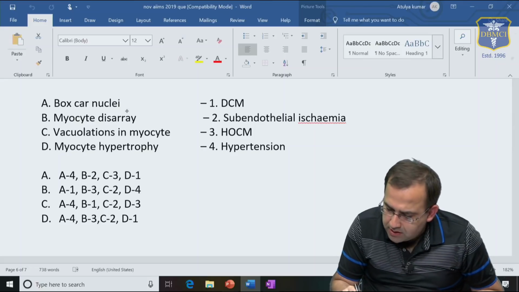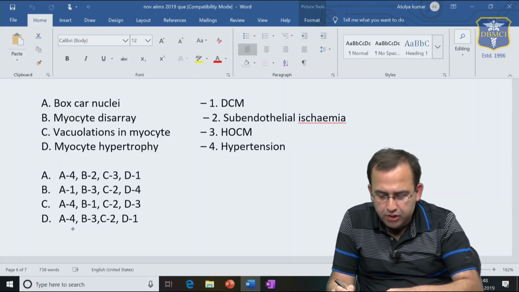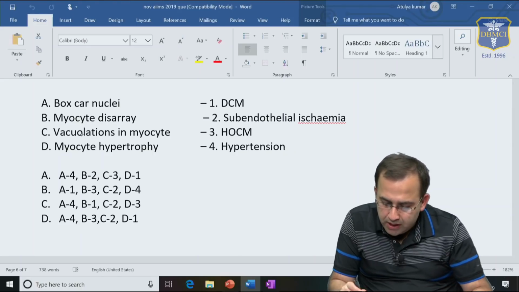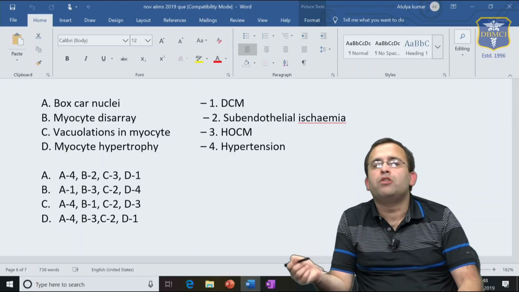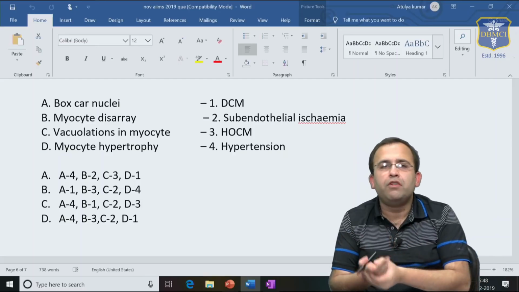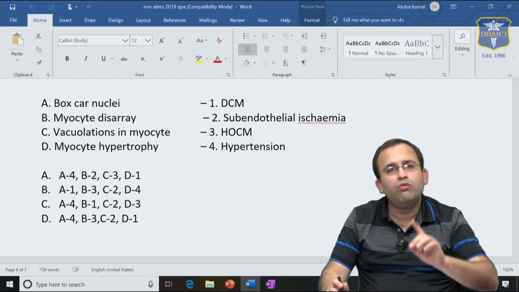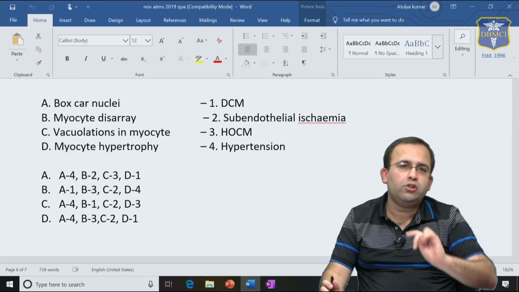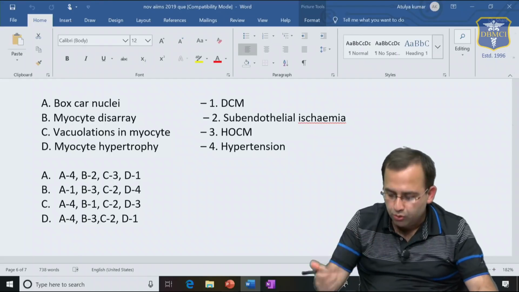Next, A4, boxcar nuclei, hypertension, both were showing A4. B2 or B3, myocyte disarray is in hypertrophic cardiomyopathy. This is the way I would have attempted the question. I know one of these which is only there in two options, so that rules out two and then you go further.